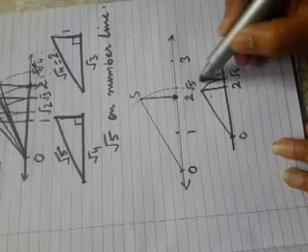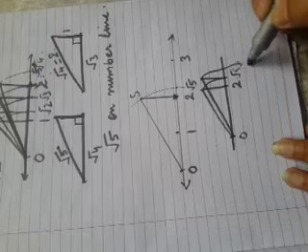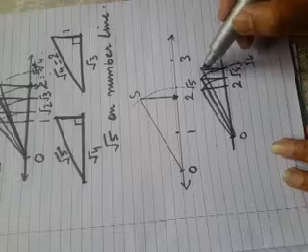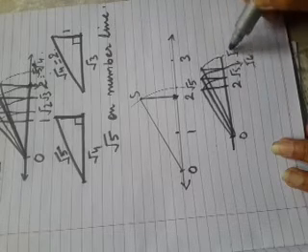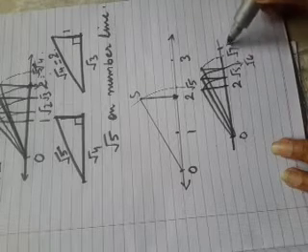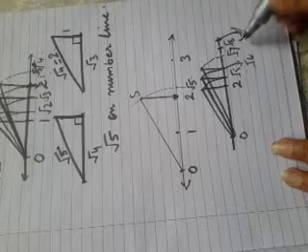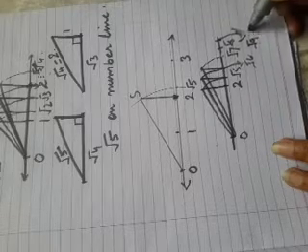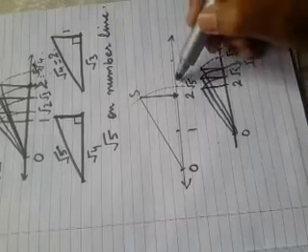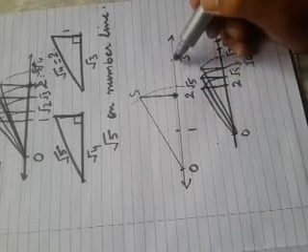If you draw 1 unit at perpendicular, then this distance will be root 6. Here again 1 unit, and this distance will be root 7. Similarly root 8, and then root 9. Root 9 will be equal to 3. So the positions of root 5, root 6, root 7, root 8 will all lie between 2 and 3.